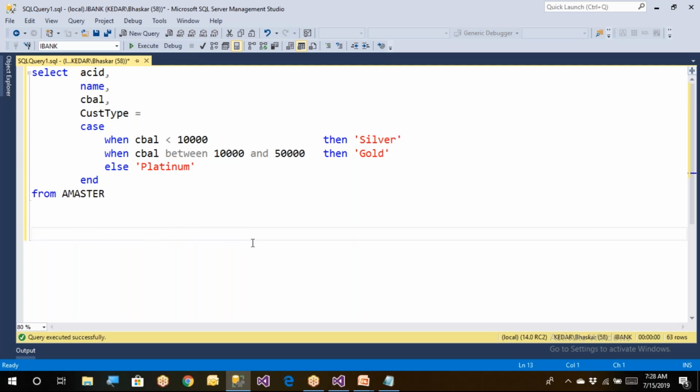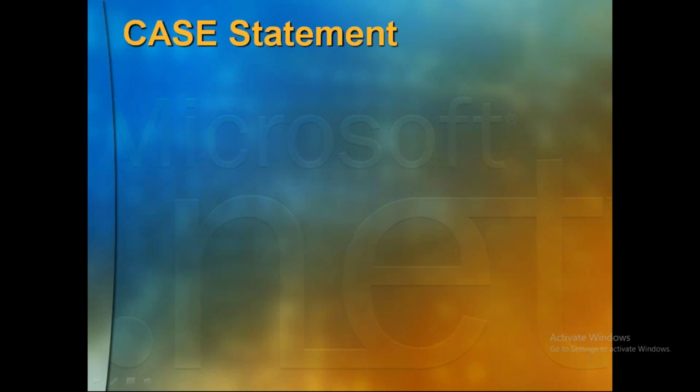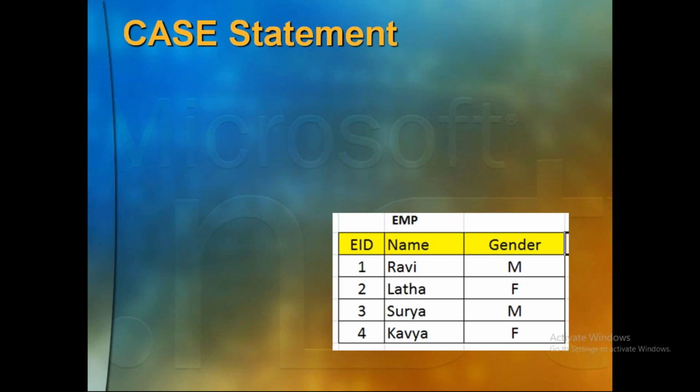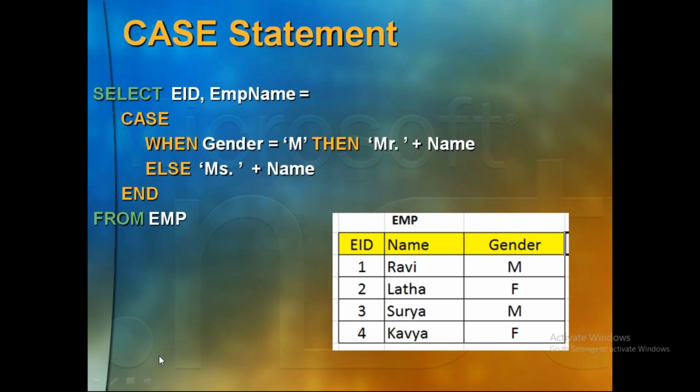So case we will be able to use every time. Many times we can use it. Okay, so this is what I have written. So this is my table. I wanted to have employee ID, employee name is the alias. Case when the gender equals to male, then Mr. plus name. That means you will be able to get Mr. Ravi, Miss Lata.